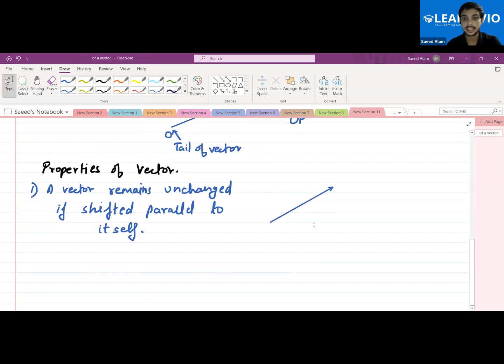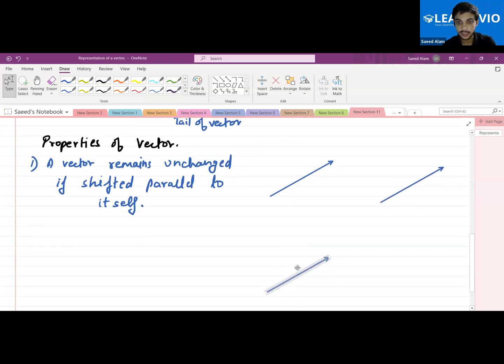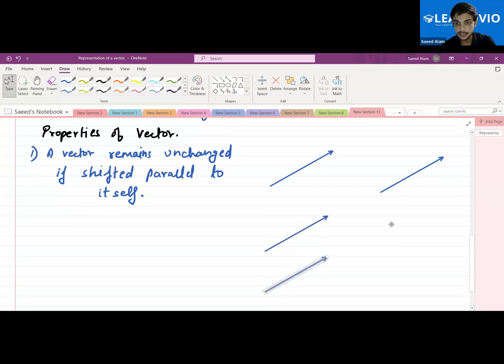Understood? So that means, for example, let me draw it here. I'm drawing one vector to be here, another vector here, and another vector here. So we are just shifting this vector to four different places, but each time it is pointing in the same direction.